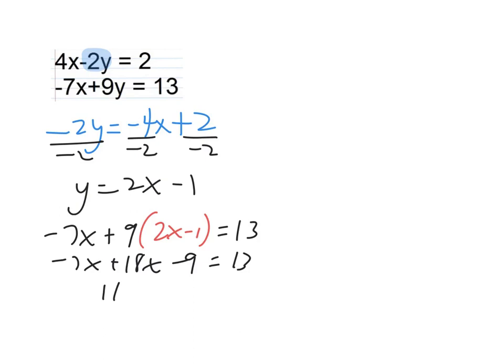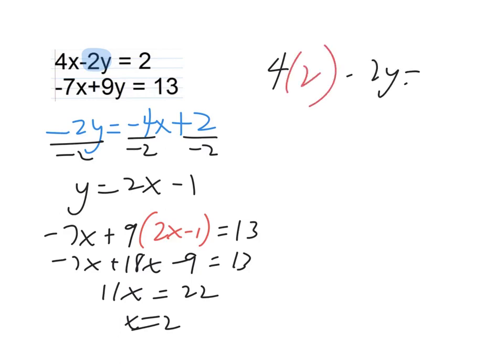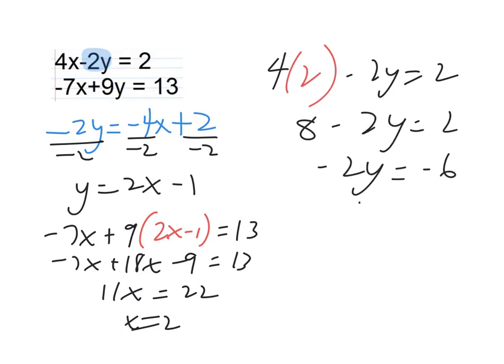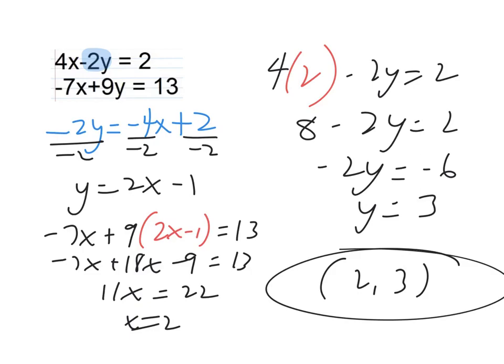That is 11x equals 22. X equals 2. Okay. Then I'm going to plug into the first equation. 4 times 2 minus 2y equals 2. 8 minus 2y equals 2. Negative 2y equals negative 6. Y equals 3. My final solution, 2, 3. How many have that? Very good.